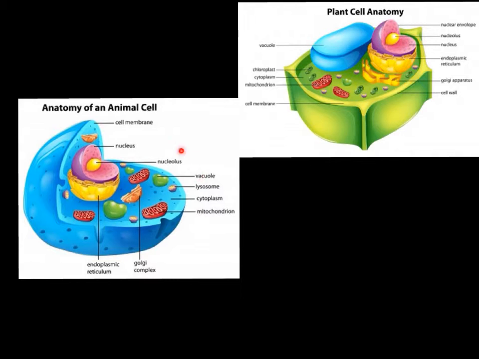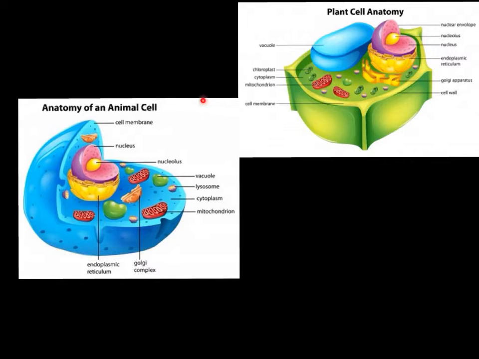It would just be stationary. The cell membrane of the plant cell is basically the same, except it's surrounded by the cell wall, which makes it very rigid, so it keeps its shape.